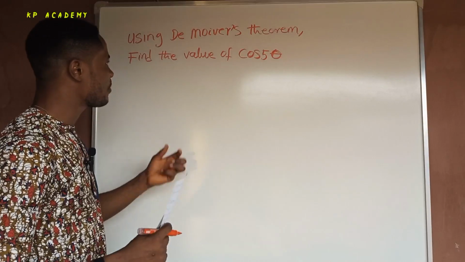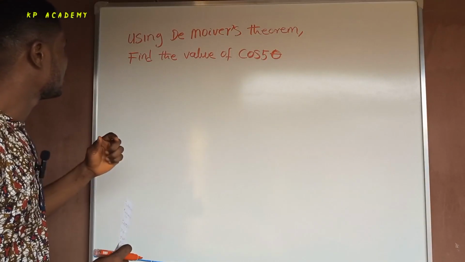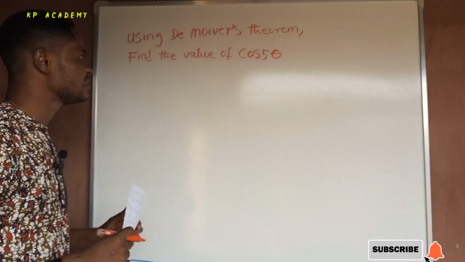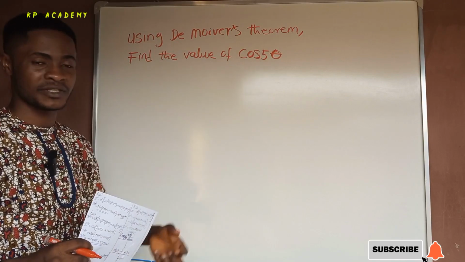Alright, welcome back to this particular question. This question says, using de Moivre's theorem, find the value of cos 5 theta.